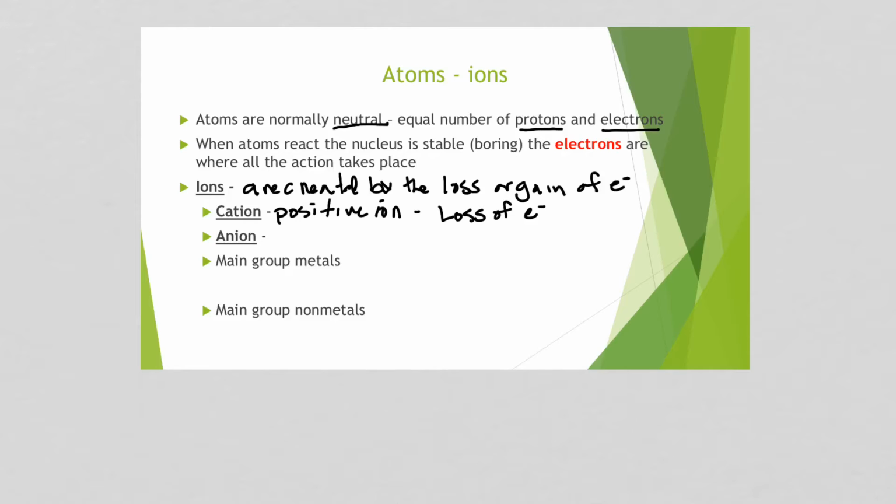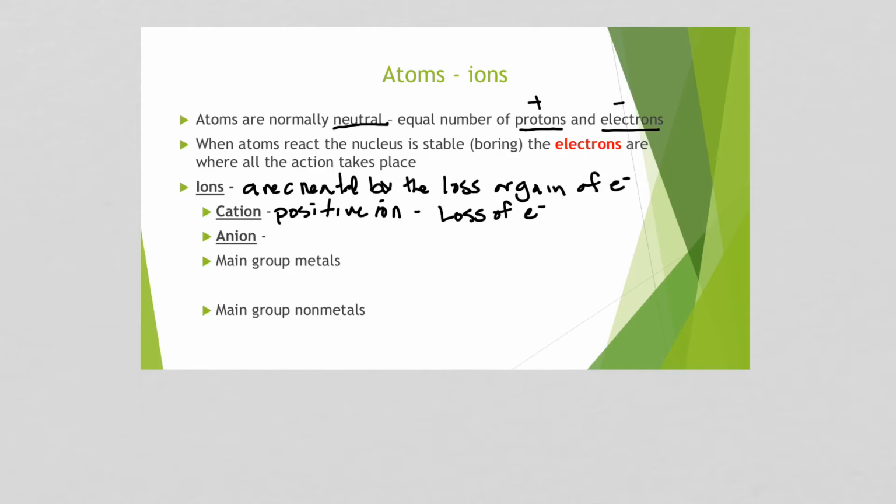Now, sometimes this is a little tricky to understand at the beginning of how by losing negative charge, we end up with a positive charged ion. Well, the way to think about it is the electrons and the protons, right? We start off with a balance of positive and negative. So we have the same number of positive charges as we have negative charges.